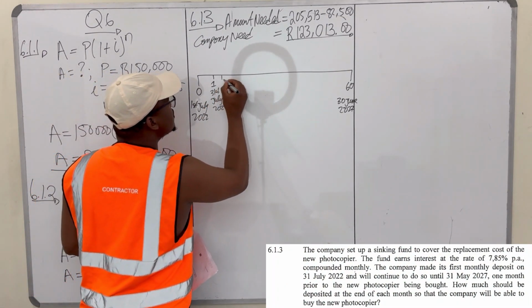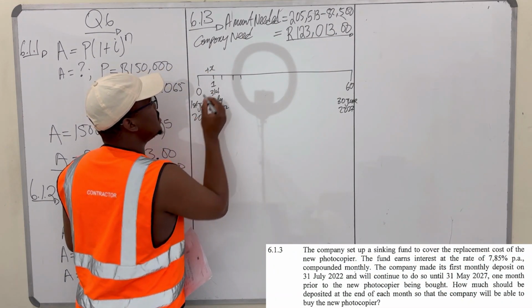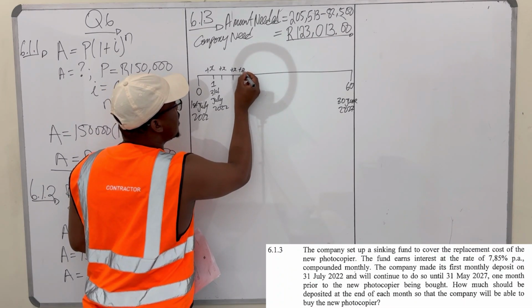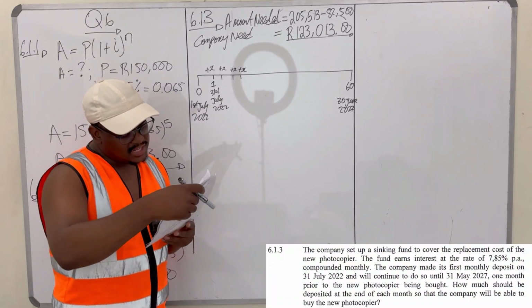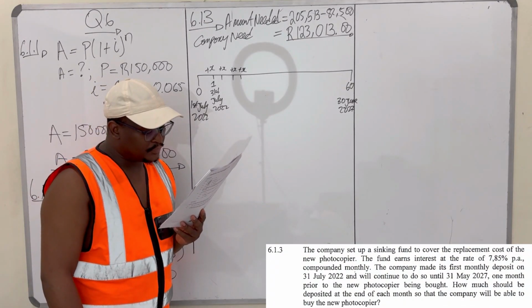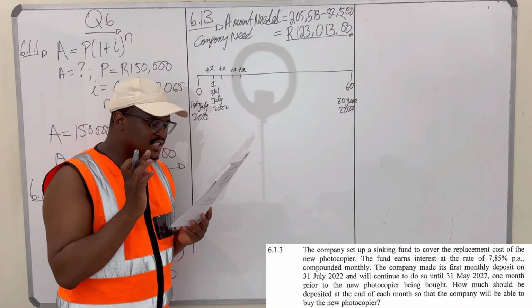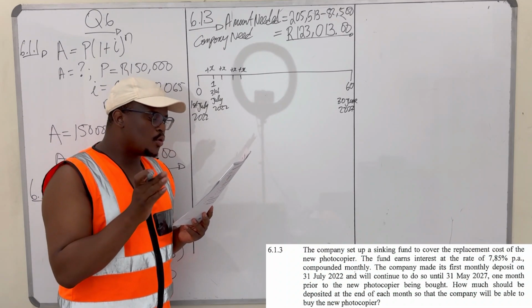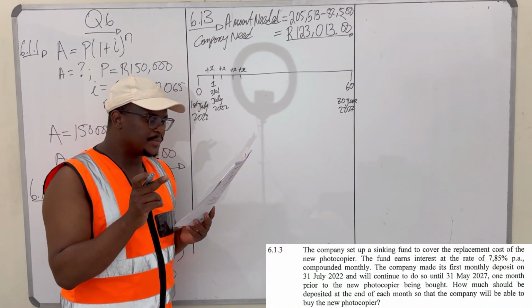So our friend continued with these deposits. So he was depositing this amount, whatever the amount is. He continued with these deposits. And the last one, when was the last one made? We're told that the last deposit, they say the company made its first monthly deposit on 31 July 2022, and will continue to do so until 31st May, right?